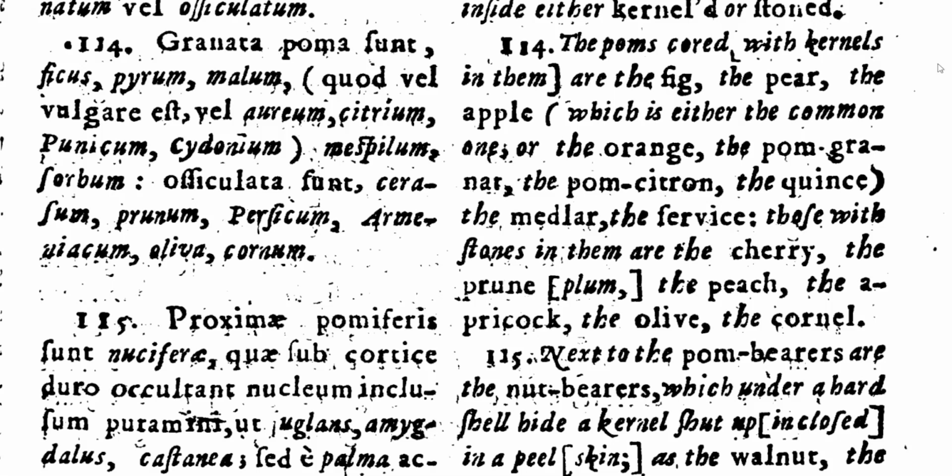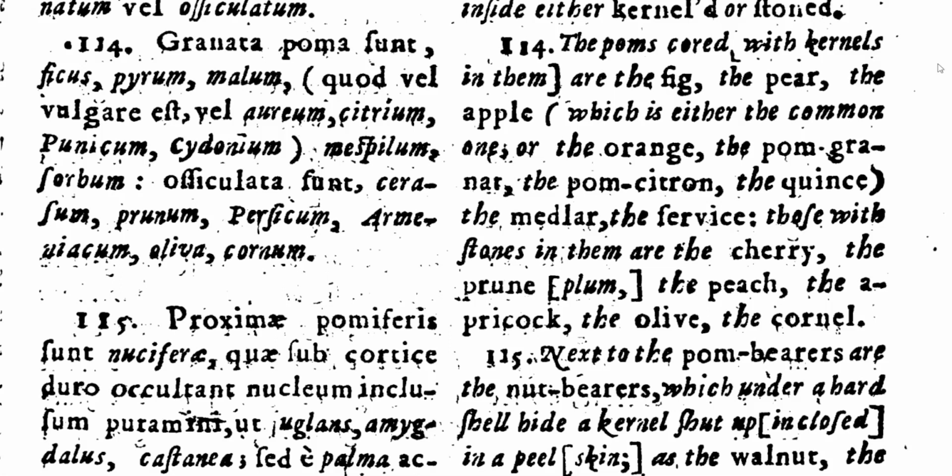Quod vel vulgares, which is either the vulgar kind, the common apple, the one that we just call an apple, well, aureum, or the golden apple, in other words, the orange. Citrium, the pomegranate. Punicum, the pom citron, and Chidonium, the quince. Mespilum, the medlar. Sorbum, the service tree, the service berry.